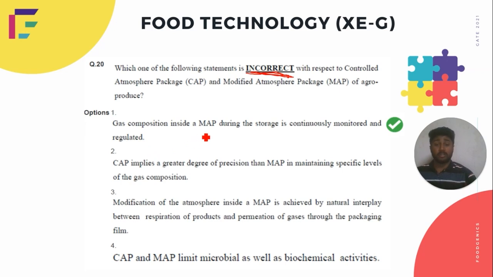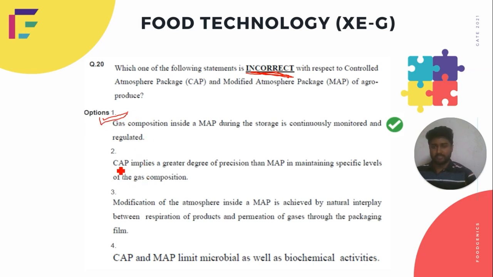In MAP, at the initial stage when we start the packaging, we modify the atmosphere inside it, but after that we do not monitor or regulate it, rather it is done in case of CAP. So this is actually an incorrect option, which is correct as per the question.